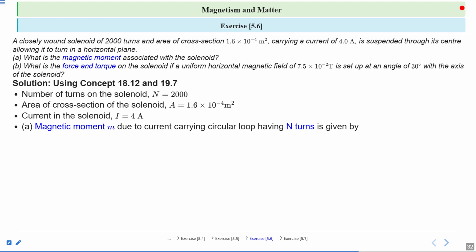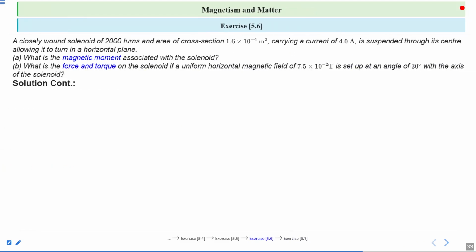Now A part. Magnetic moment M due to a current carrying circular loop having n turns is given by M equal to NIA, NCERT equation 4.24. So magnetic moment we can calculate easily after putting the values. N is given, A is given, and I is given.